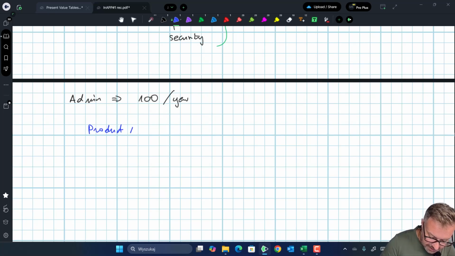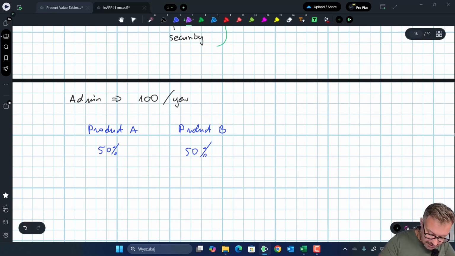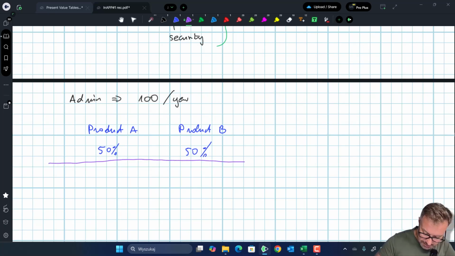There's product A and there's product B. Assuming that the current allocation is that 50% of the administrative expenses are allocated to product A and 50% are allocated to product B, clearly in the managerial accounting report, there will be an administrative cost of 50,000 allocated with product A and 50,000 allocated to product B.